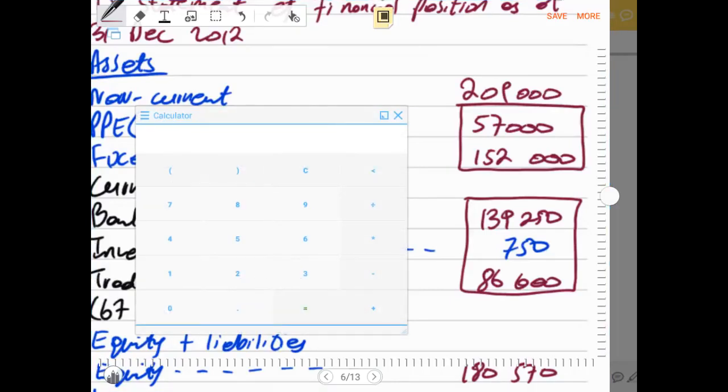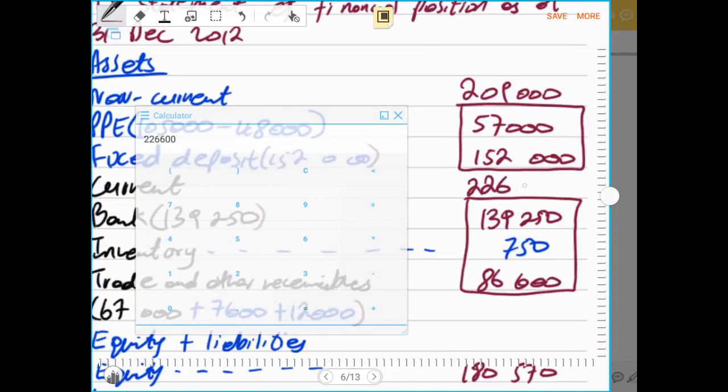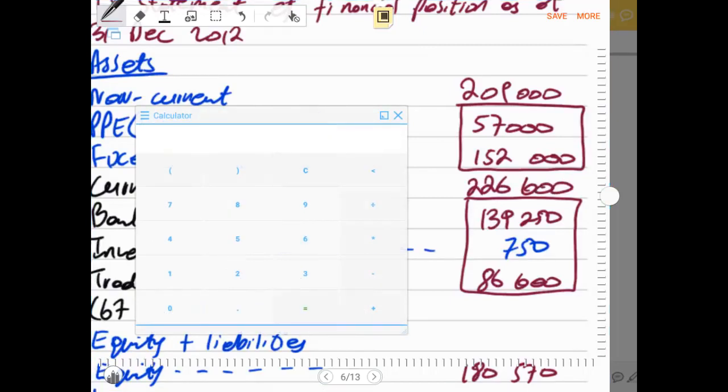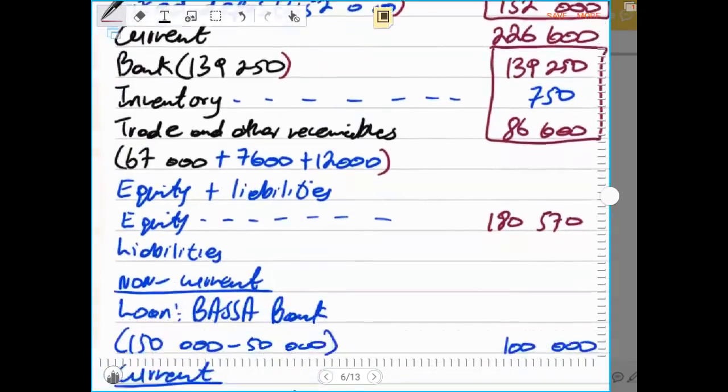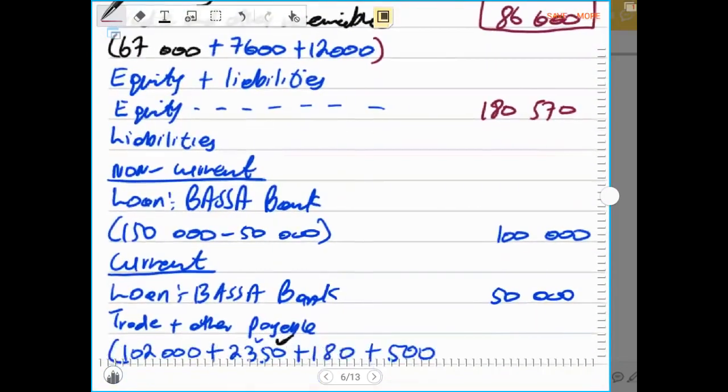Then after we say 139,250 plus 750 plus 86,600, then that will give us 226,600. So now that is our total current assets. And we go to liabilities.